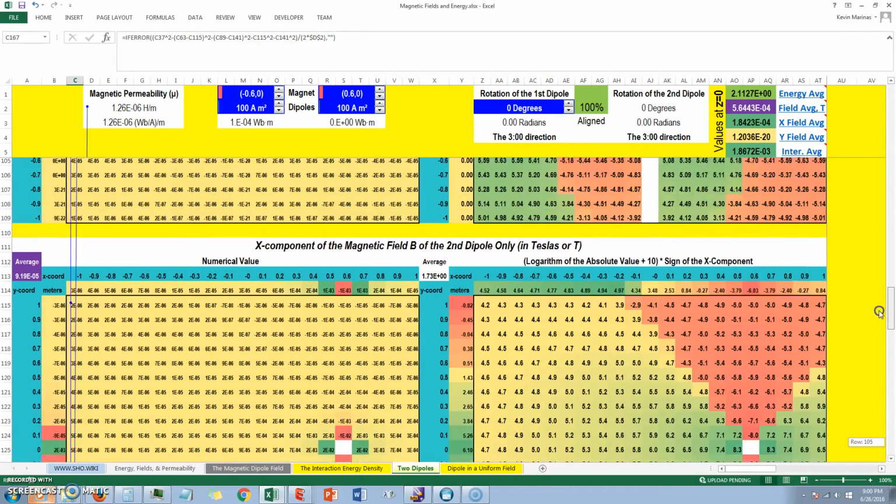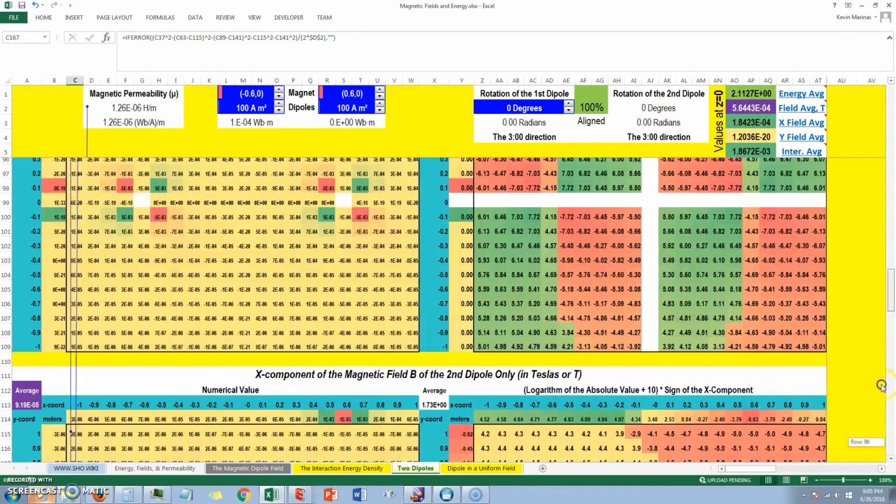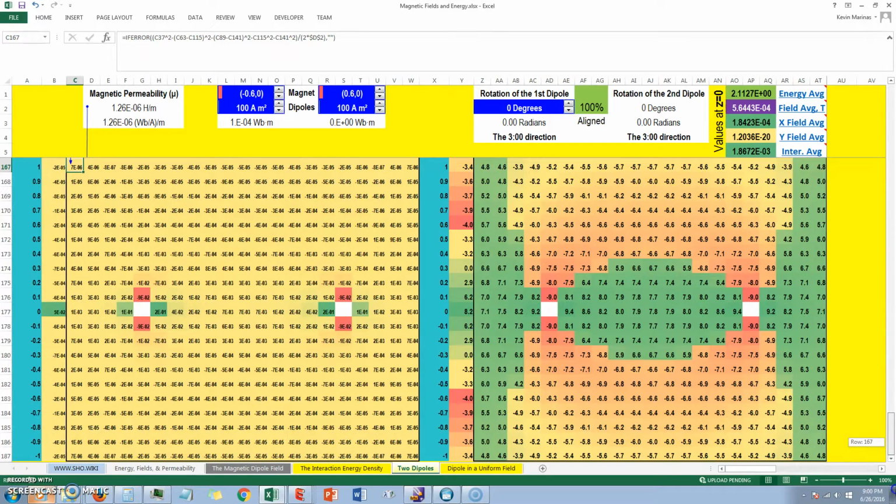So there are my dependence values. A lot of them are just C variables, C37, C63, C115, and so on, and then we have our D value here, our magnetic permeability at cell D2, which is in our denominator, but everything else is in the numerator, and they're all being squared.